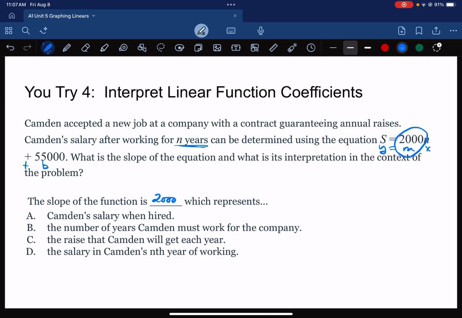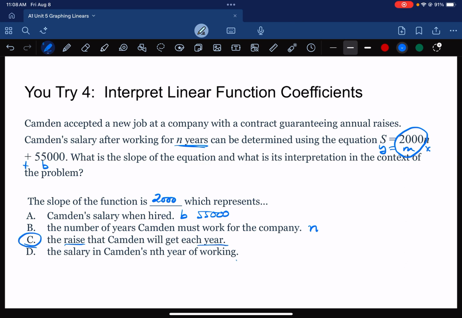And that slope represents his salary when hired? No, that's the b value, which was 55,000. The number of years Camden must work for the company? No, that's just the value of n. The raise that he gets each year. So this is dollars per year, and that's what we're looking for.